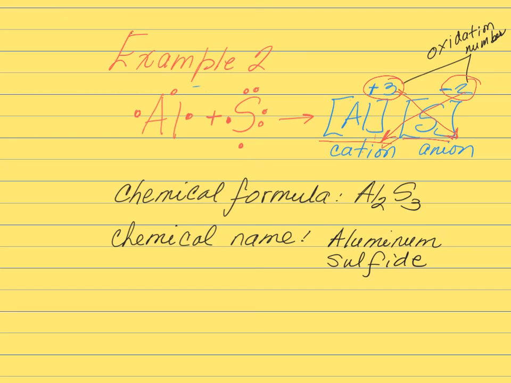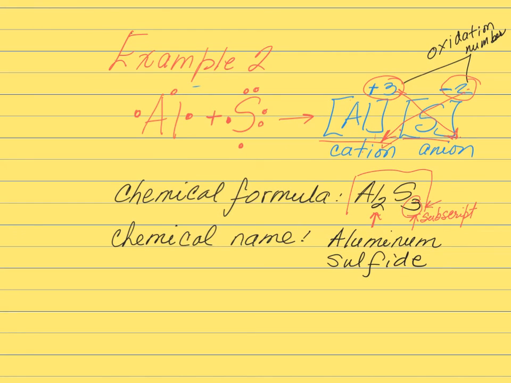You need to dance, baby, dance. You need to cross the numbers, and those are the numbers that are going to be at the bottom. Remember, those numbers are the subscripts, and the subscripts are the number of atoms involved in that compound. In this specific case, you have 2 atoms of aluminum and 3 atoms of sulfur.